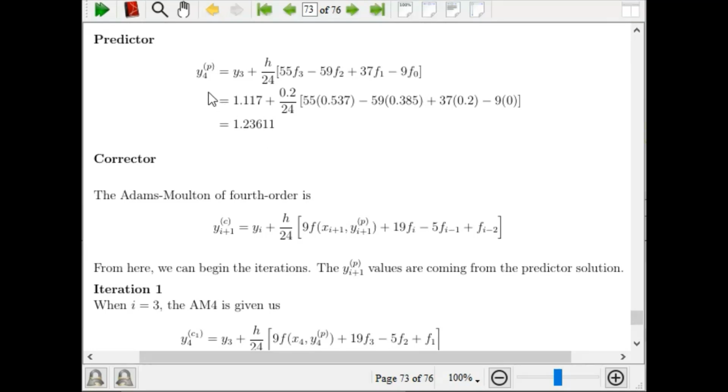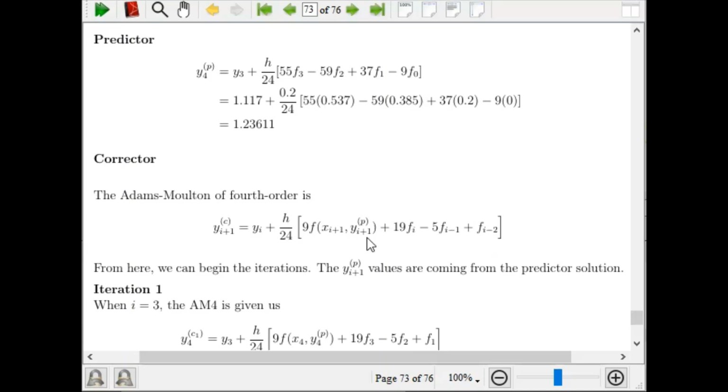But since we have to find y of 0.8, we have to fine tune this solution with the corrector method. The question mentioned we have to fine tune this using the Adams-Moulton method, that is Adams-Moulton's fourth order.